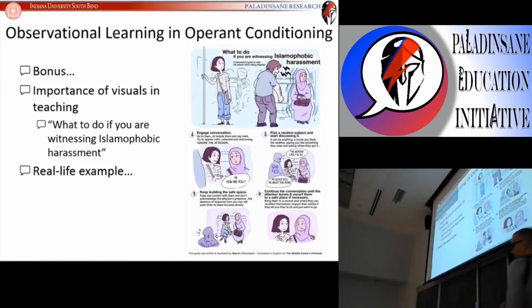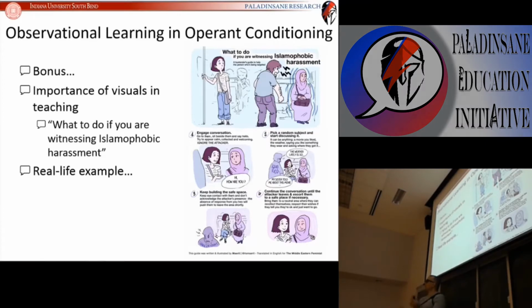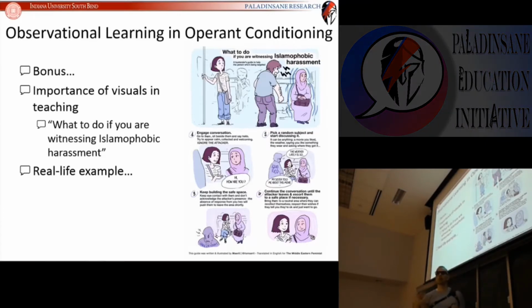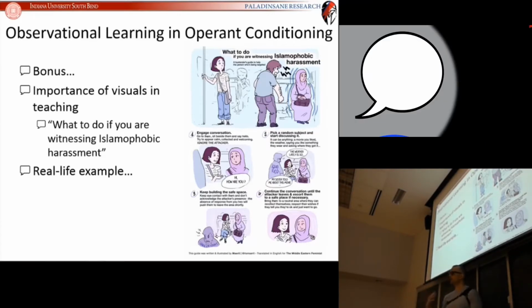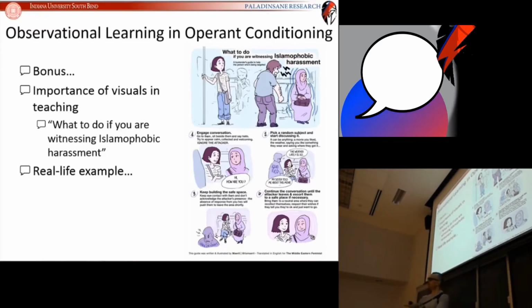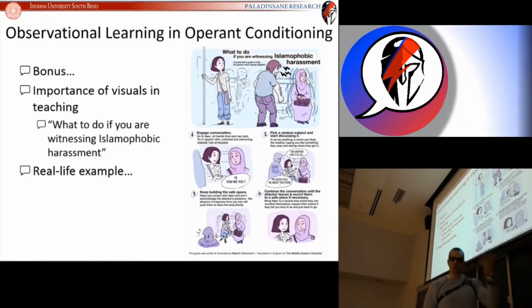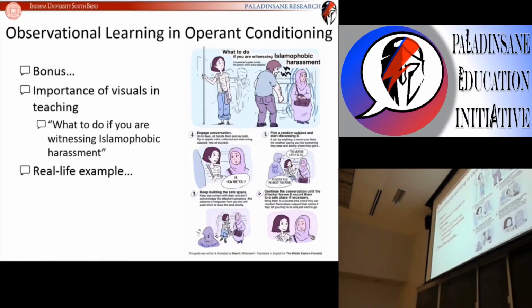And again, in this real life example, it just kind of shows that if you model behavior, people that are watching you, whether they agree with you or not, whether they're on your side or not, are more likely to produce that behavior. So make sure that in interactions, you're modeling the behavior that you would like to get.